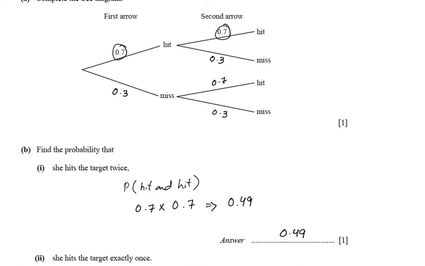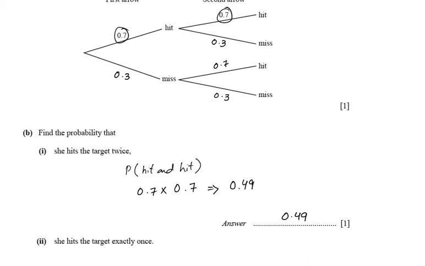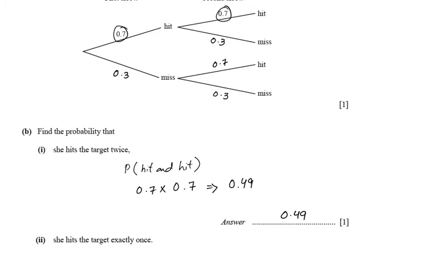Now in the next part they are saying she hits the target exactly once. She hits the target exactly once. So it means if she hits the target the first time, the second time it will miss, or if it missed the first time, then the second time it will hit. So here we have two possibilities. Okay, how will we mention these two possibilities?